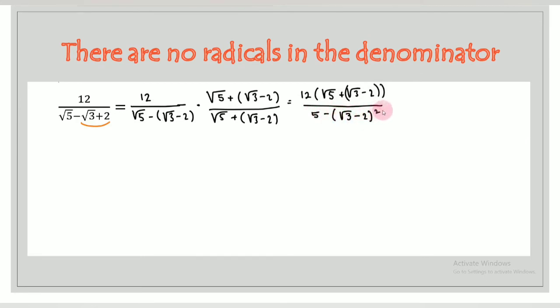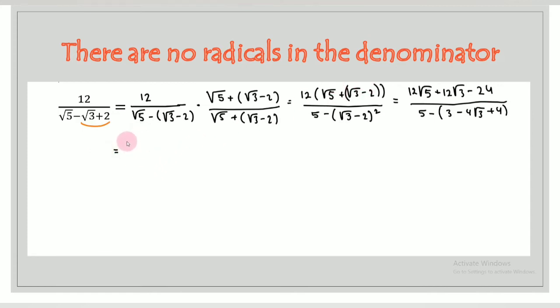Keep in mind, when I multiply the denominator, it becomes 5 minus, in parentheses, square root of 3 minus 2 being squared. In the end, I distribute the 12 into all of the three terms in the numerator, and then I will square that one. It becomes 3 minus 4 square root of 3 plus 4. So I will simplify the denominator first. Okay.